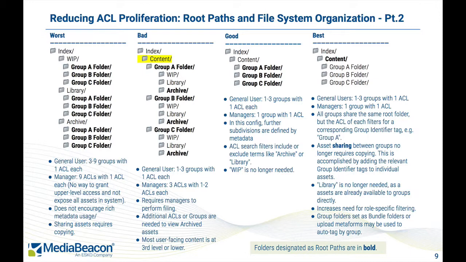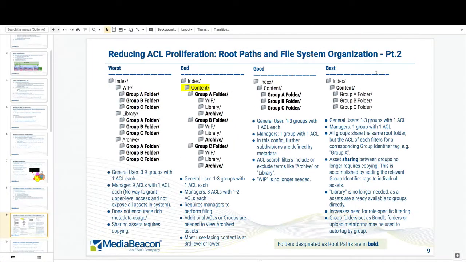One is going to be ownership, and one is going to be sharing. And I have a live example of that I'll show you. But just by adding metadata, I can share an asset with another group, but it still lives inside of my folder, and another group just gets access to it. So that's kind of the way that I would suggest doing it, this best model right here.